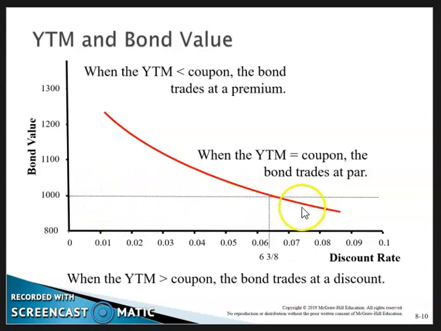If it's greater than, we're going to be priced below par. That's a discount bond. If the yield is below the coupon rate, then the price is going to be above par. That's a premium bond. So below this line is a discount bond, and above this line is a premium bond.